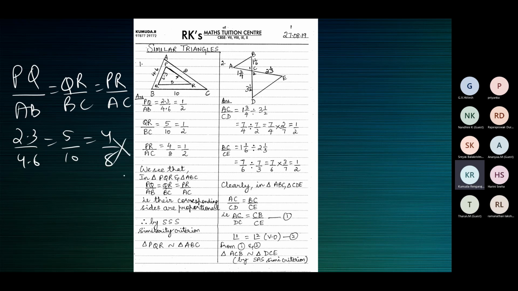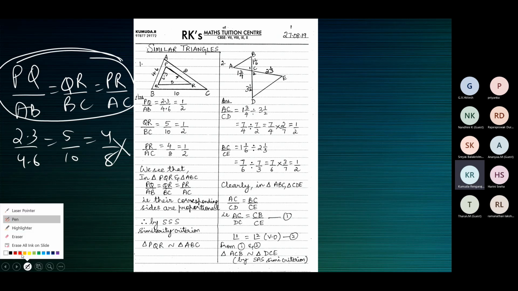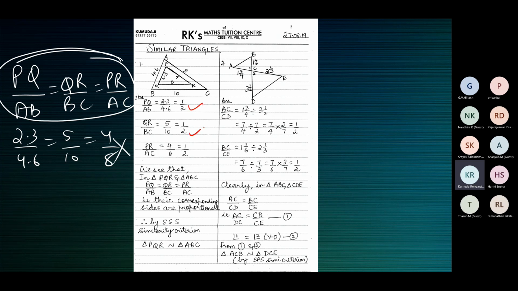This is not the correct presentation, because when you start off, you do not know if these ratios are equal. Only when you simplify, we realize that all the ratios are equal to 1 by 2. But when you start, we don't know if they're equal.